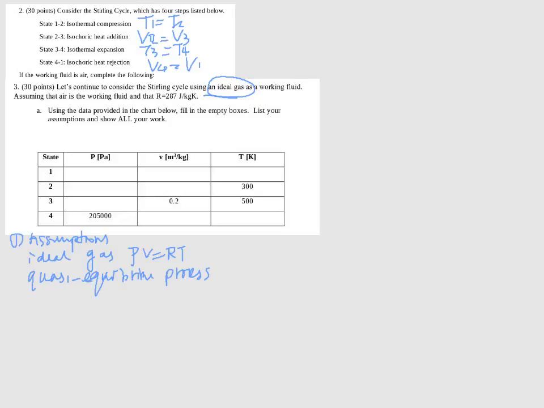On top of that, we're also going to assume it has constant Cp and Cv. We don't necessarily need this for part A, but we will need this constant Cv and Cp for part B when we solve for internal energy and also enthalpy. So just remember this for now.